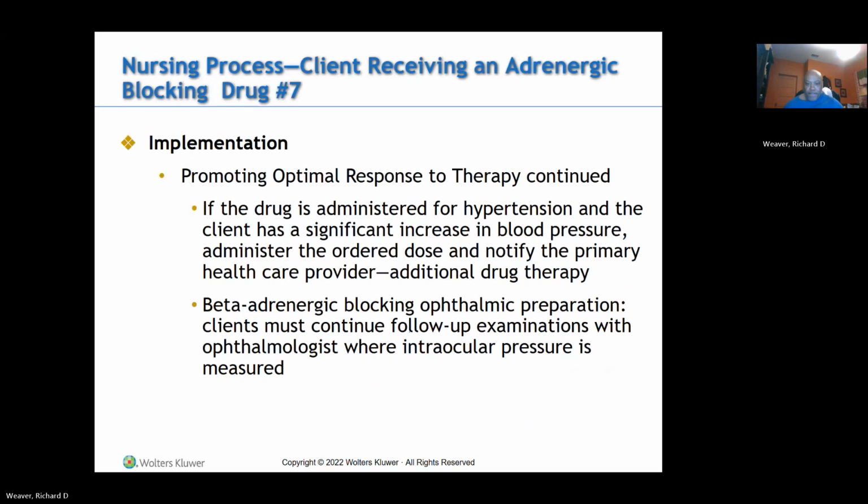One of the drugs they use is timolol. It's used for patients who have glaucoma, and it is important to do those periodic follow-up visits to the ophthalmologist to determine whether or not it is effective.